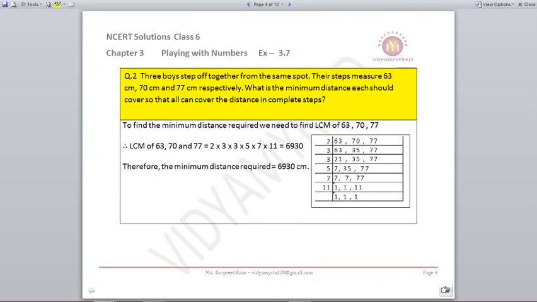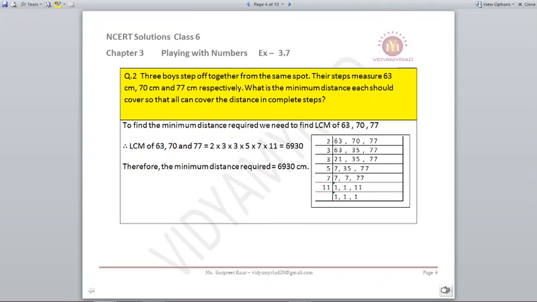Now here 63, 70 and 77: 63 is not an even number, 70 is an even number, 77 is also not an even number. If we try doing it with 2, 63 is not divisible by 2, that means 63 will be written as it is. 70 is divisible by 2, so it will be written as 35 because the remainder comes 0. 77 is also not divisible by 2, so we will write 77 as it is.